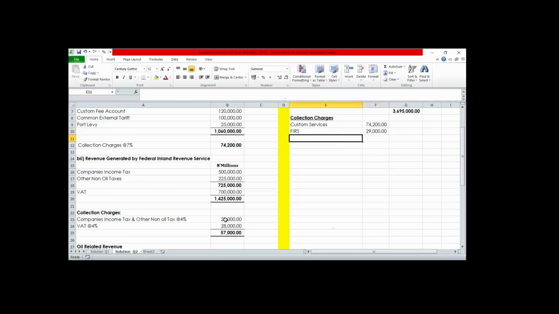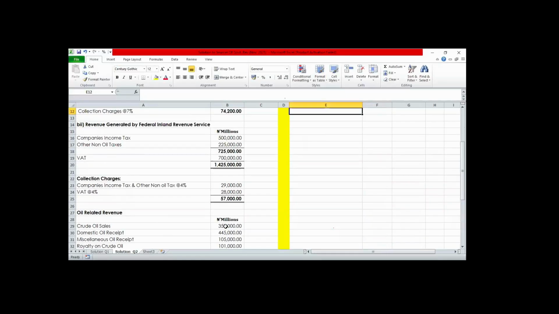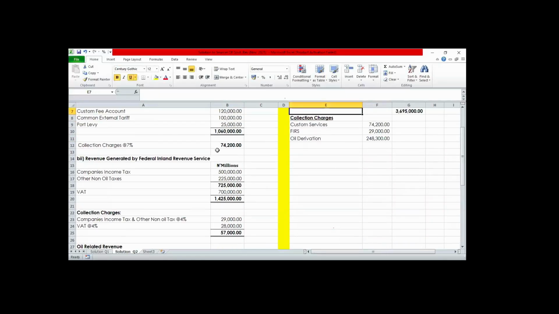Is that clear? Then oil derivation, how much is that? We now add all this together.